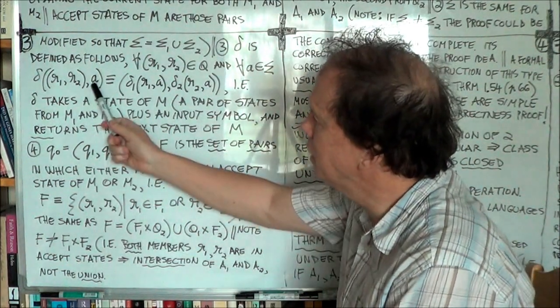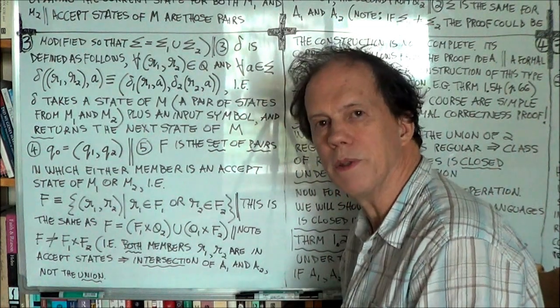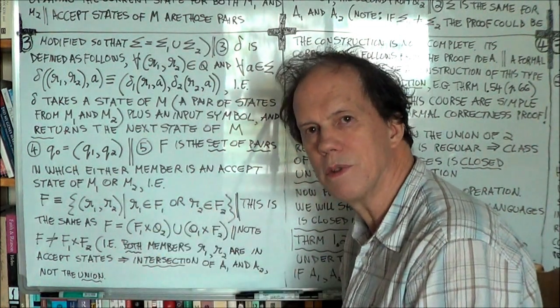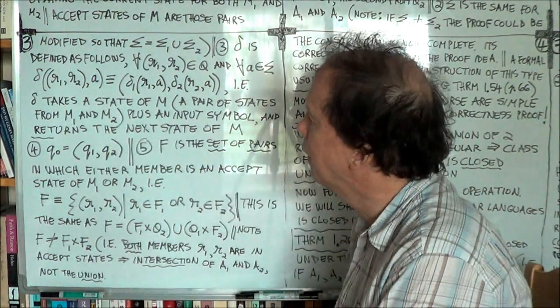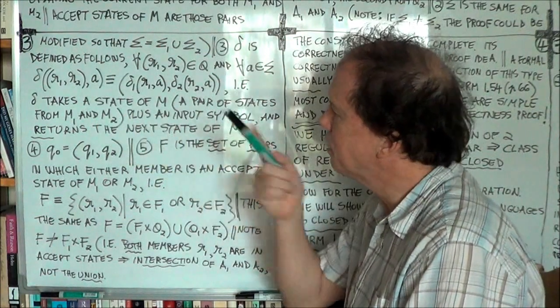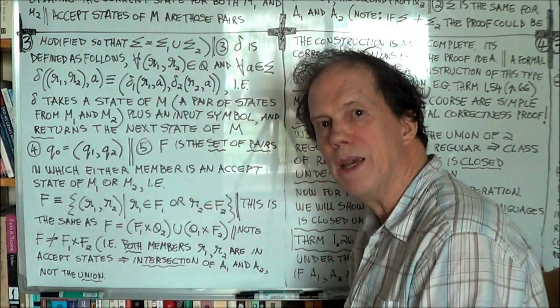And in comes the current symbol, the symbol currently being read in the input stream. Call it alpha.